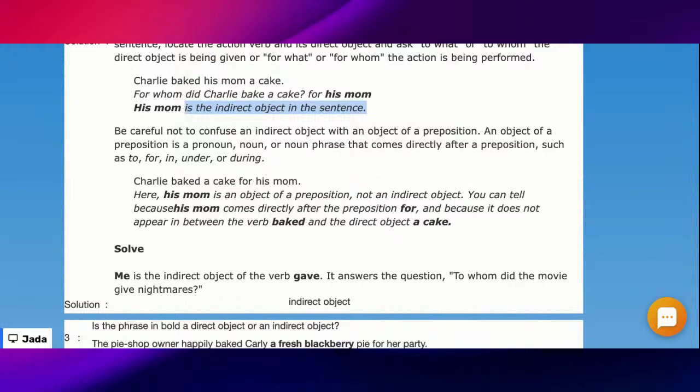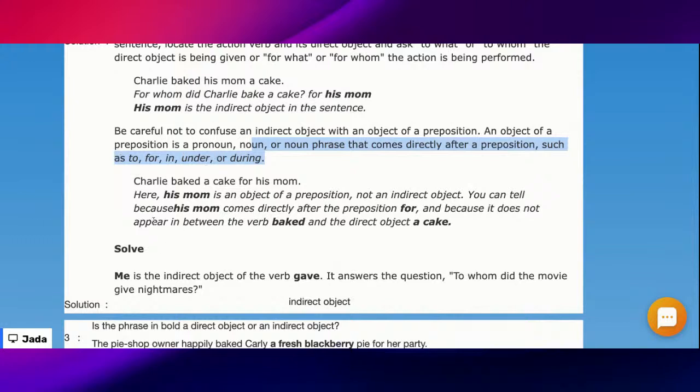Now be careful not to confuse an indirect object with an object of preposition. Object of preposition is different from indirect object. An object of preposition is a noun, pronoun, or noun phrase that comes directly after a preposition, such as to, for, in, under, or during.